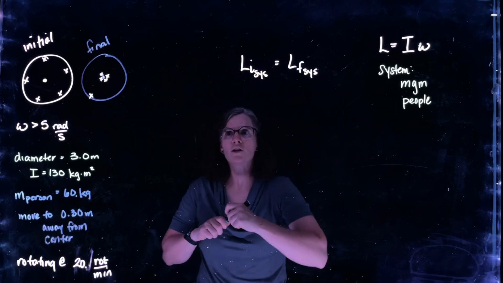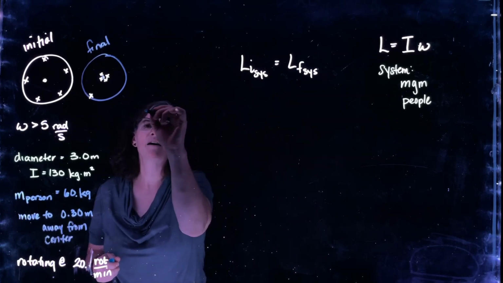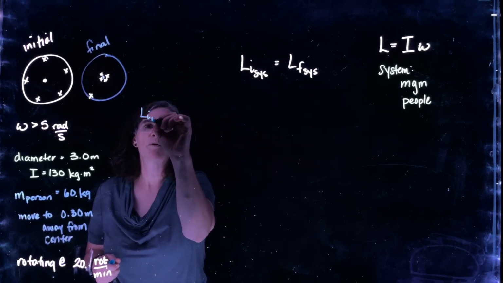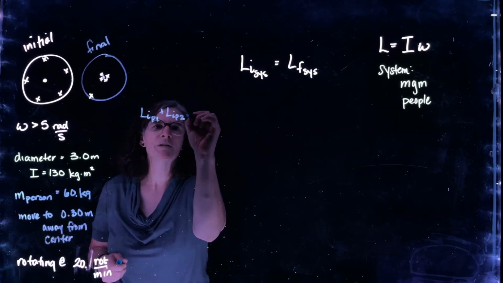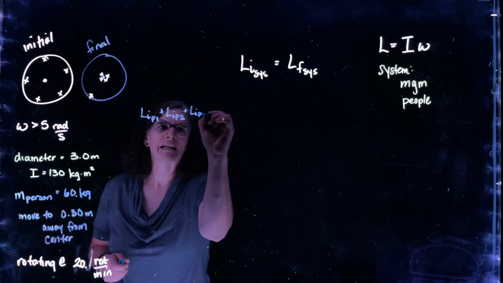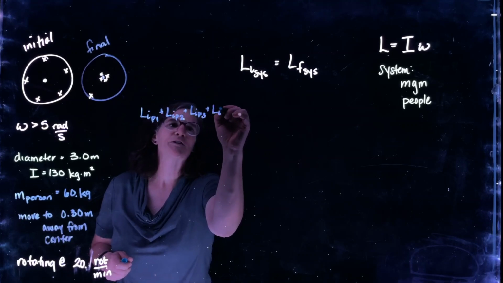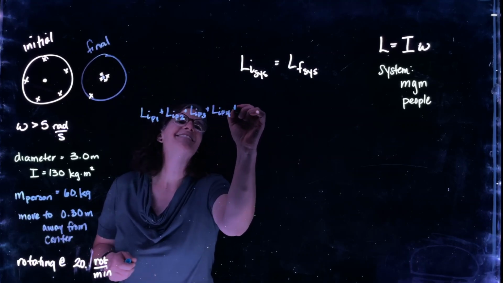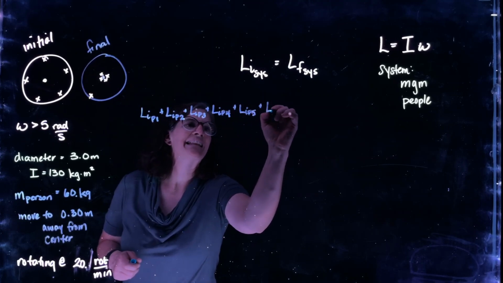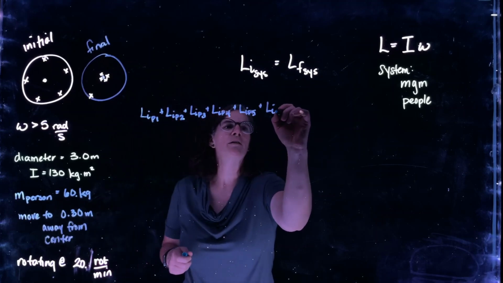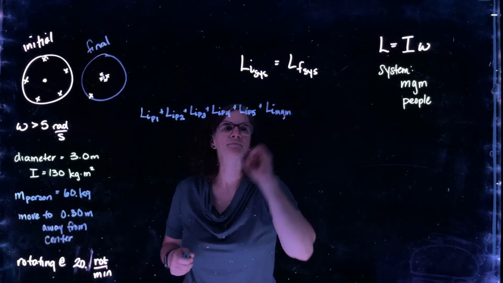So our initial system consists of the initial for person 1, the initial for person 2, the initial for person 3, the initial for person 4, the initial for person 5, and the initial for the merry-go-round.